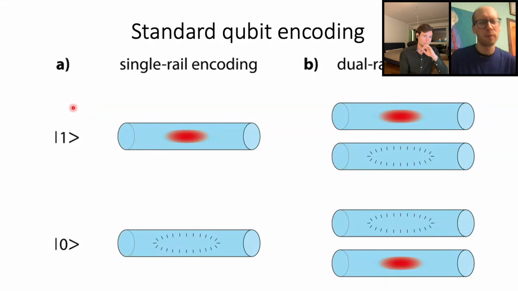Exactly. So you can have superposition of the two, and for dual rail encoding it is much easier to implement the superposition because, for example, what would be a superposition of horizontally and vertically polarized? That would be some kind of a circularly polarized photon, or some kind of diagonally polarized photon.